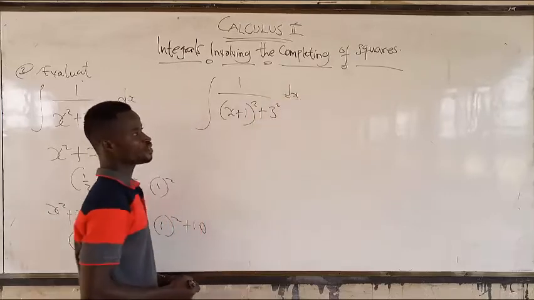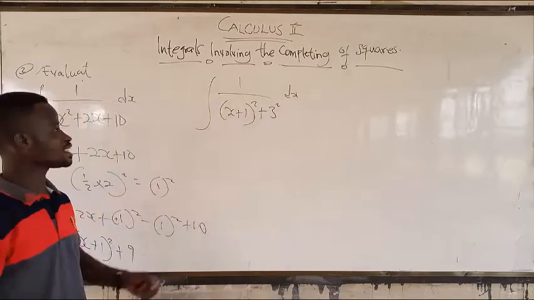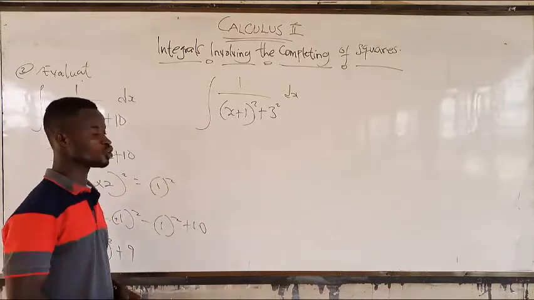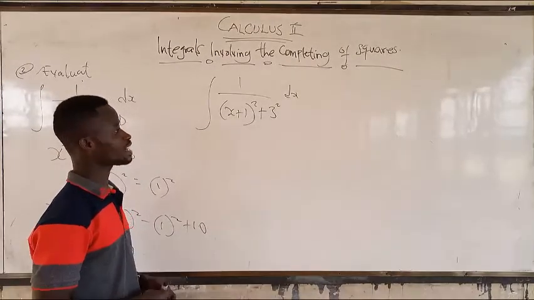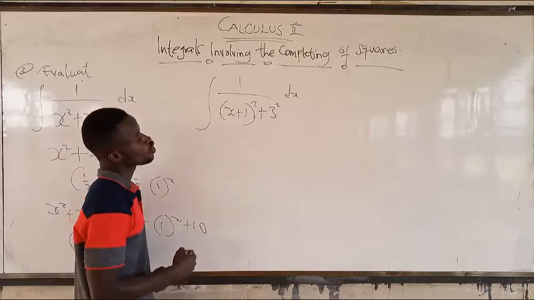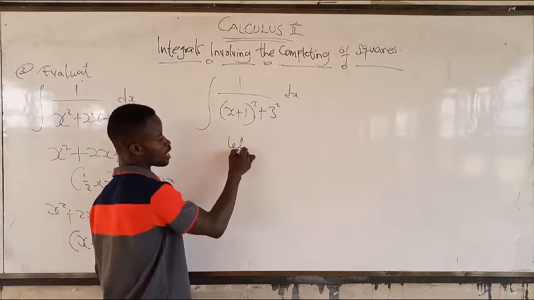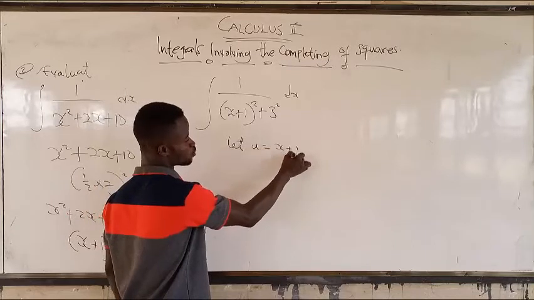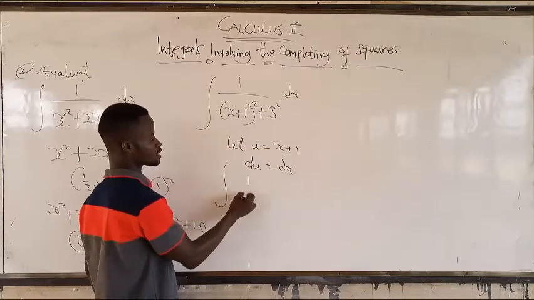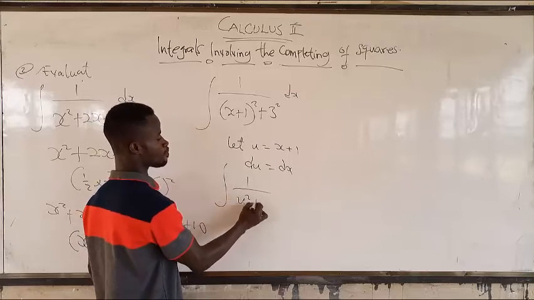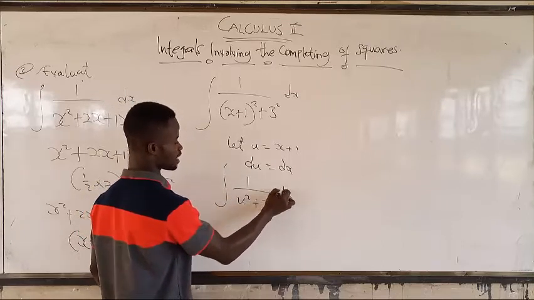And the reason why I'm leaving it as 3 squared is that it resembles something that I know already. And that is surely tan inverse. So you can go and do substitution. Let u be s plus 1, du will be equal to ds. You come and do the substitution back: u squared plus 3 squared.